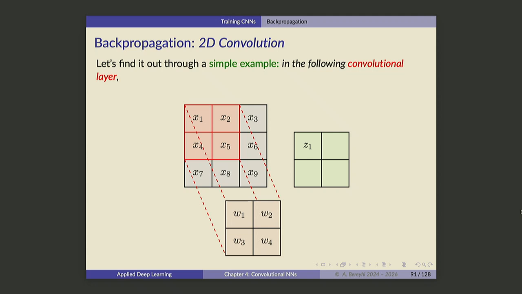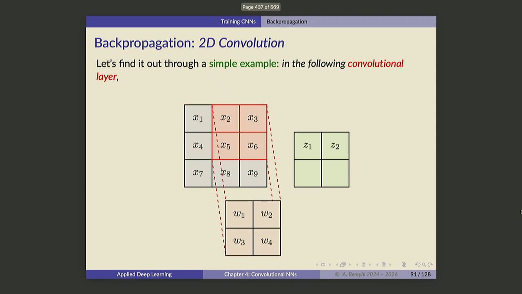Then what is the derivative of z1 with respect to x1? What is it? Anyone can say it loud? Trust yourself. Be self-confident. What is it? W1, right? So it's going to be w1, right? Everybody's cool? Everybody sees that?